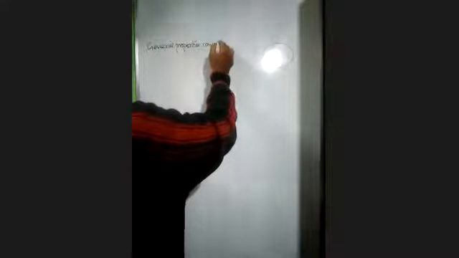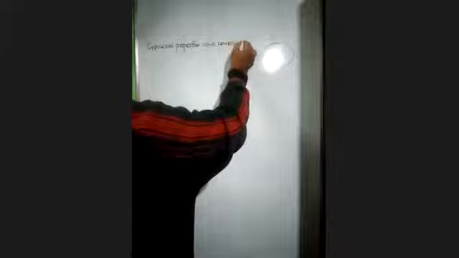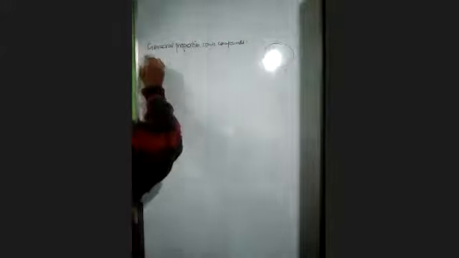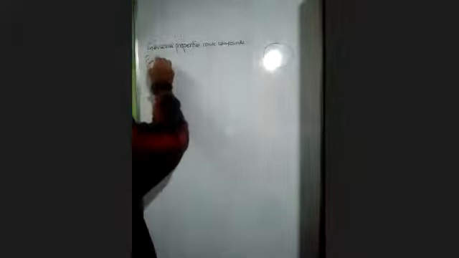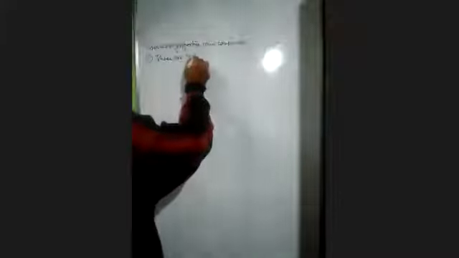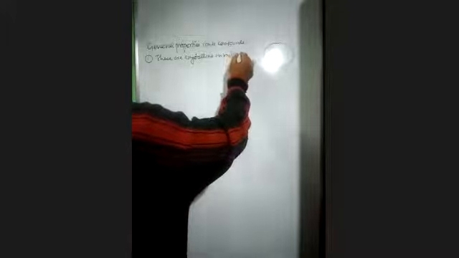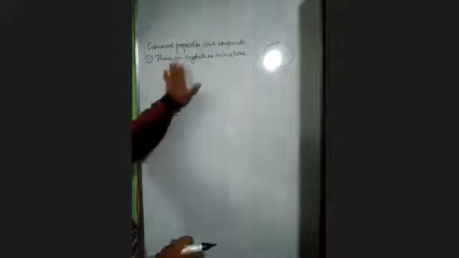General properties of ionic compounds. One, these are crystalline in nature. All of you have seen crystals. They are crystalline in nature. This one I will explain to you when we go to class 11.